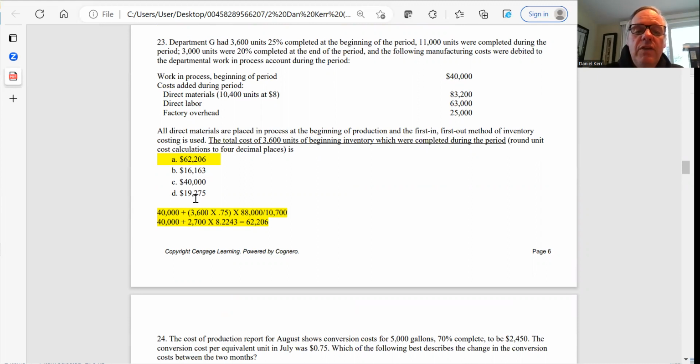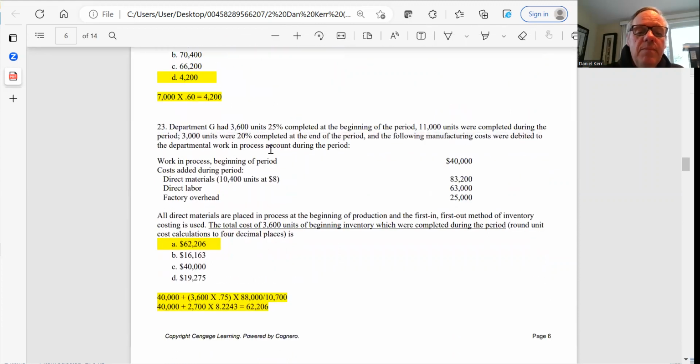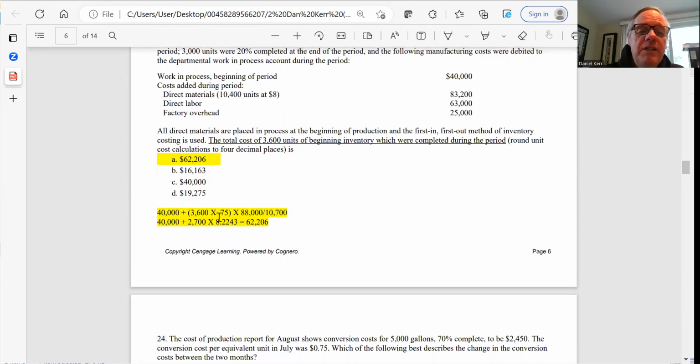That would be the $40,000 worth of material, plus the percentage of the work that was done this period. They were 25% complete at the beginning of the period, so 75% of the work must have been done this period. So 40,000, which was the original cost we had in work in process, plus, of the 3,600 units, we had to complete 75% of the work.